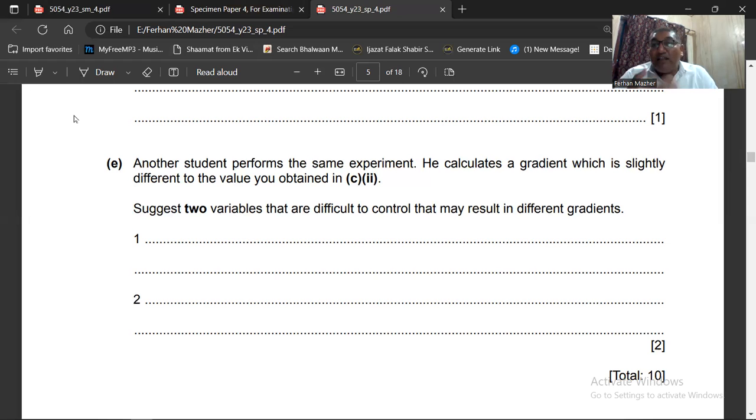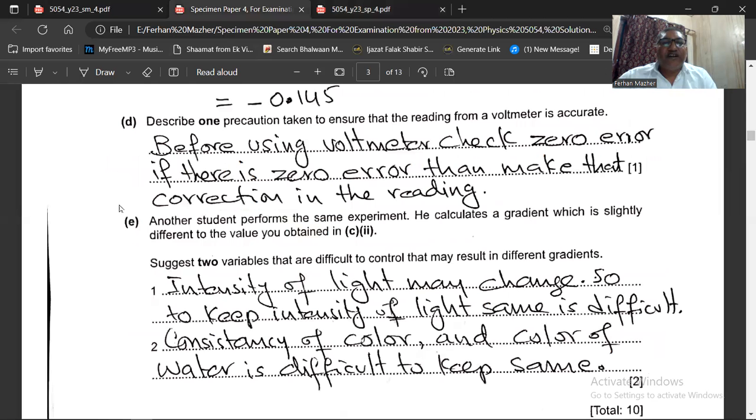So to get the same color each time is difficult. So these are the 2 reasons which I believe. The intensity of the light may change, so to keep the intensity of the light the same is difficult. And another difficult thing is the consistency of the color which you are using, and the color of the water is difficult to keep the same. Okay, so these are my answers.